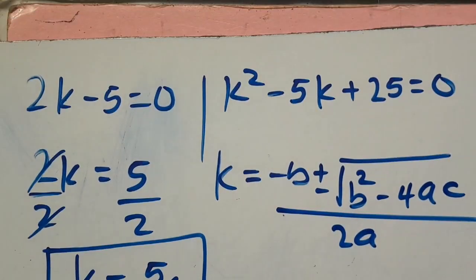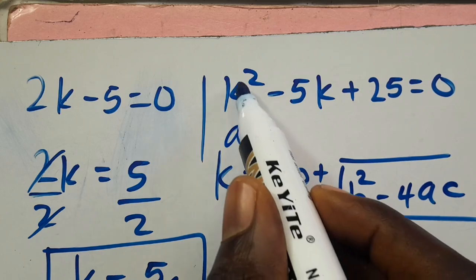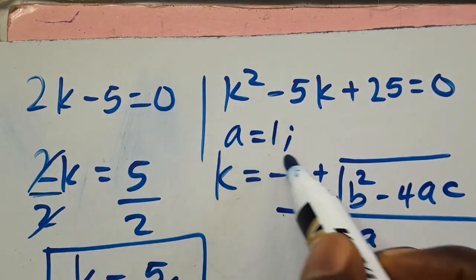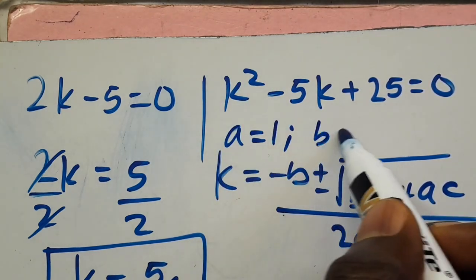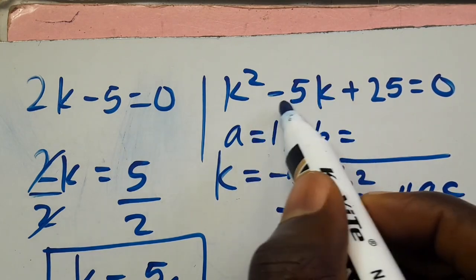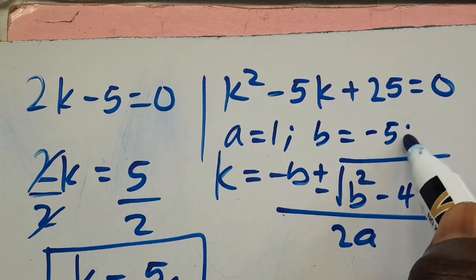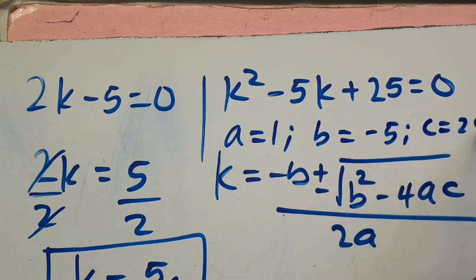Then where we have our a, the coefficient of k squared, will be 1. Then our b, the coefficient of k, which is minus 5. Then our c will be equals 25.